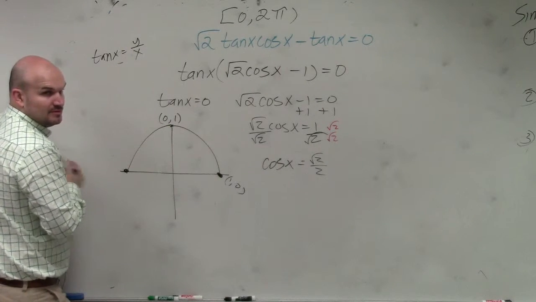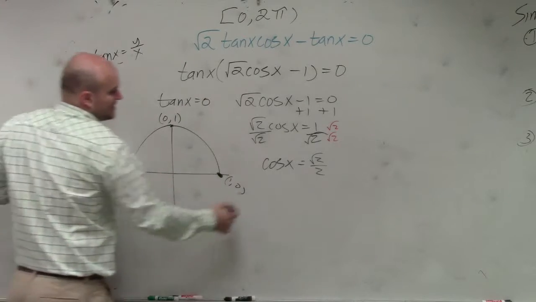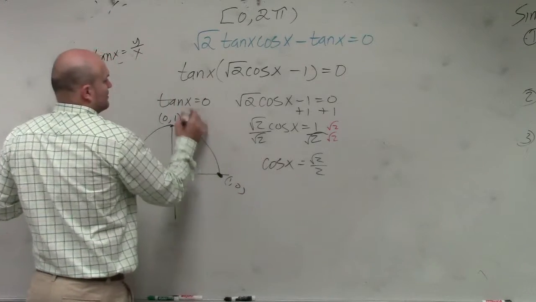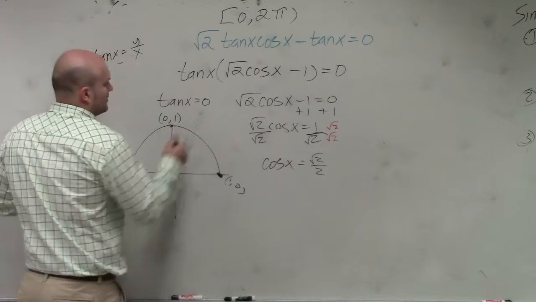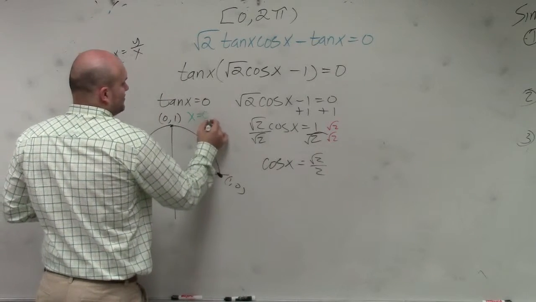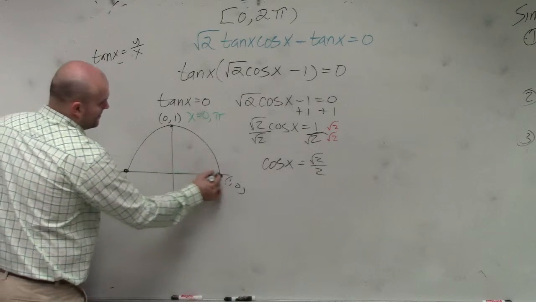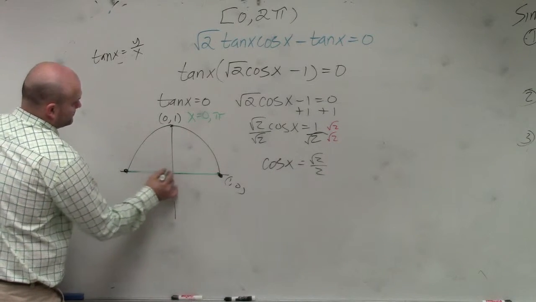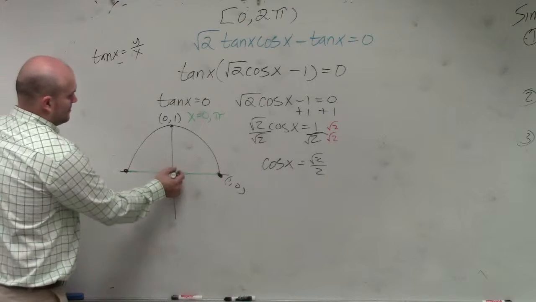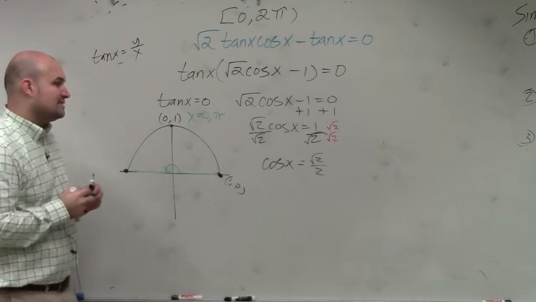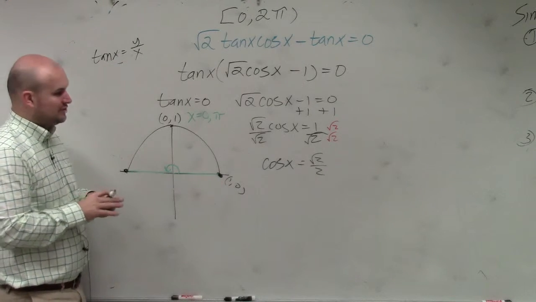Would you guys agree with me? These two angles. So I could say x equals 0 and pi. So I have this angle, and I have that angle. Then when does cosine of x equal the square root of 2 over 2?